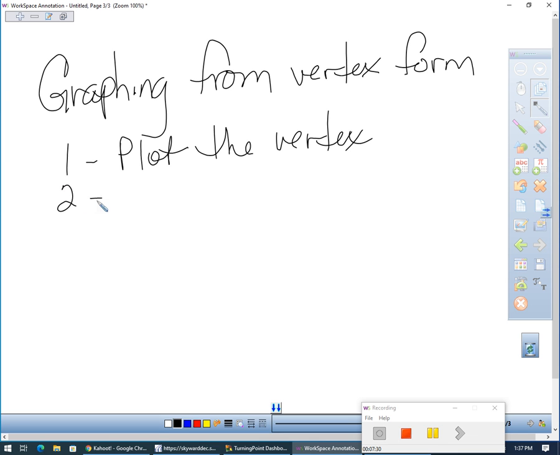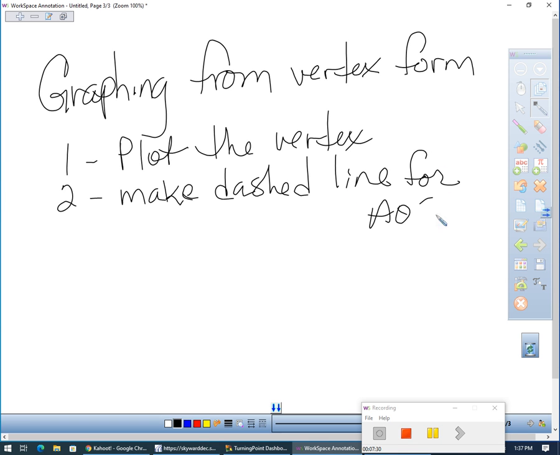Step 2, make a dashed line for the axis of symmetry.